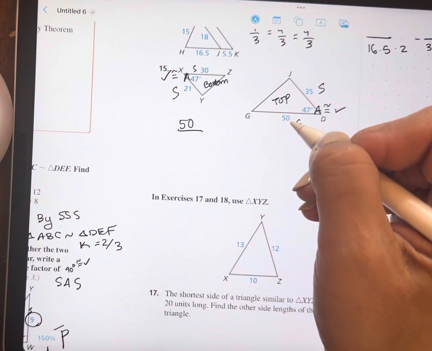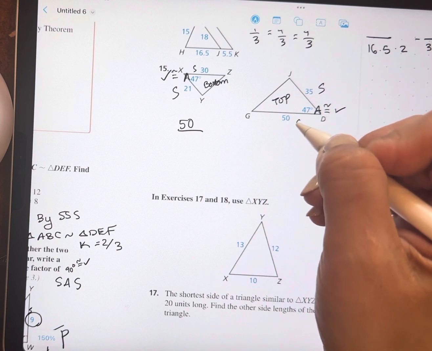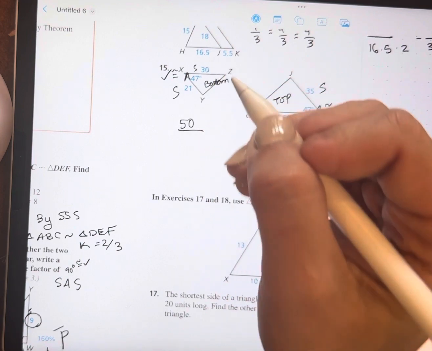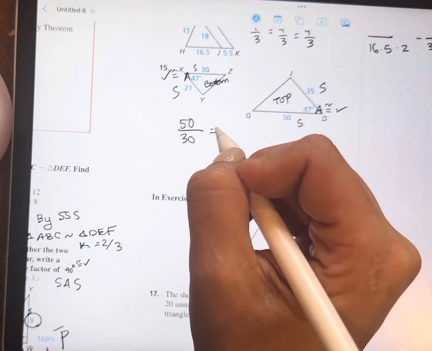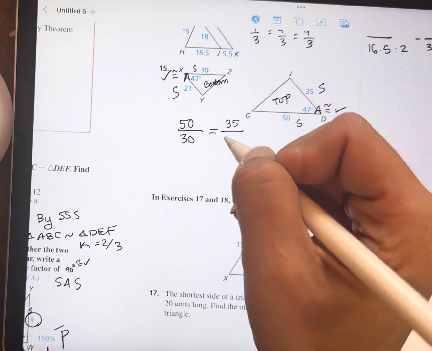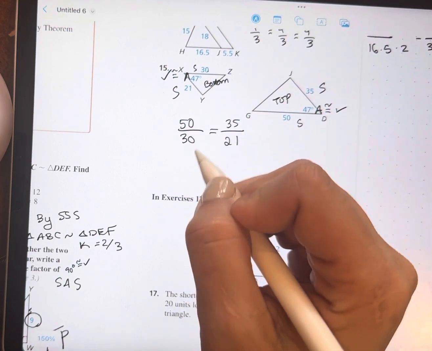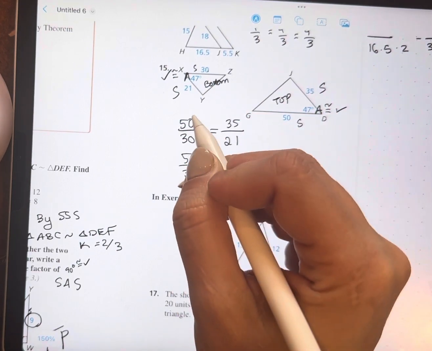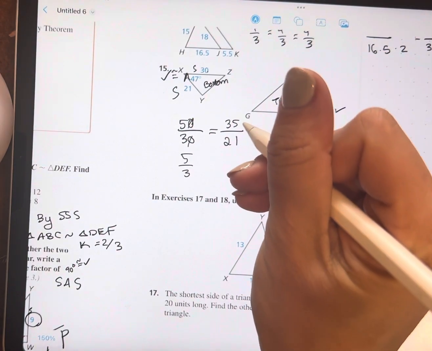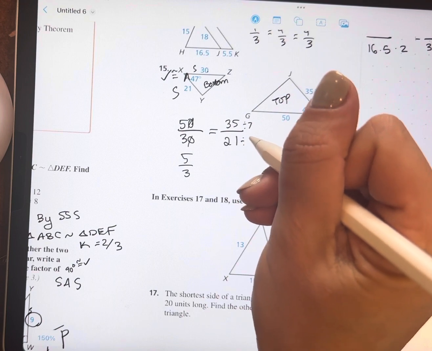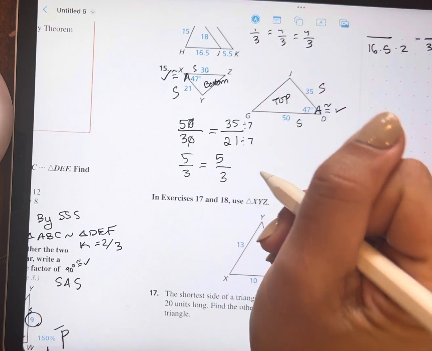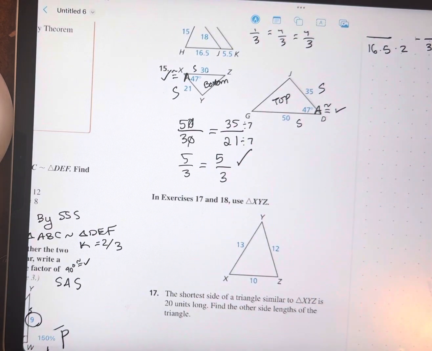You need to be very deliberate here because the picture will try to trick you. 50 is the bigger side. I'll put it over 30, which is the bigger side here, and verify that that's the same as 35 over 21. So 50 over 30 is 5 over 3. All I got to do is cross out those zeros. 35 over 21, I'll divide top and bottom by 7 to get 5 over 3. Check. Our sides are checked too.